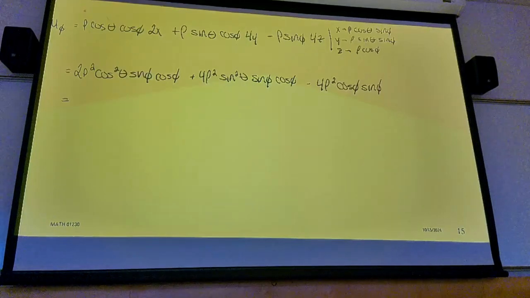Not a sine 2 phi. Half of sine 2 phi. Sine of 2 theta is 2 sine theta cosine theta.